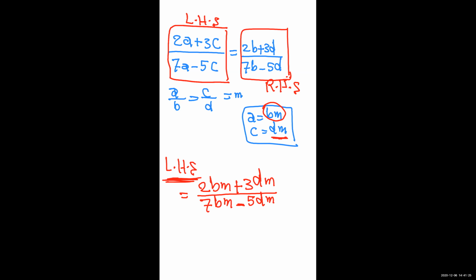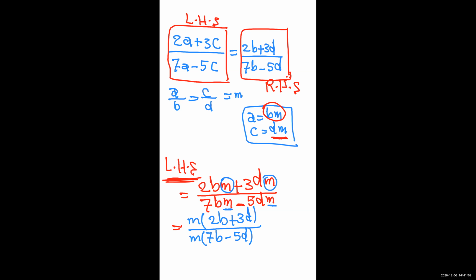Okay, now guys, there are common factors here. Yes, of course, M here and M here on the numerator, so M times 2B plus 3D over, also M is here, so M times 7B minus 5D.